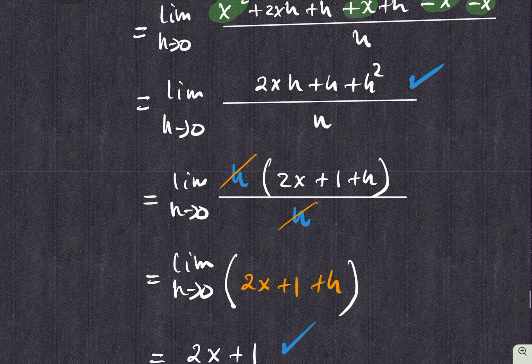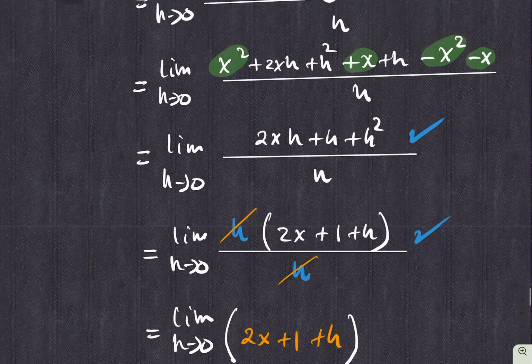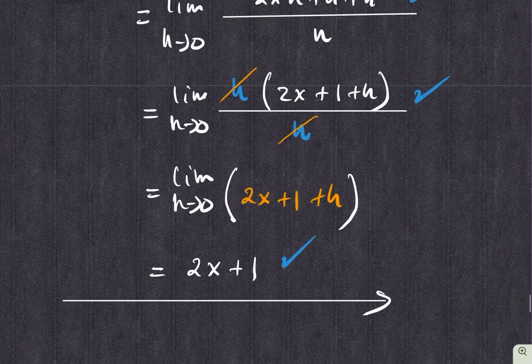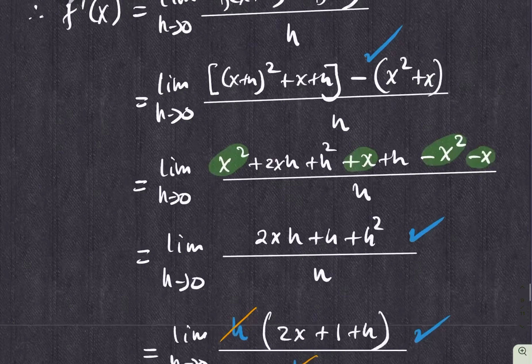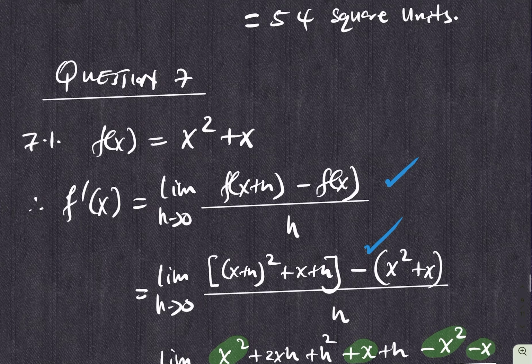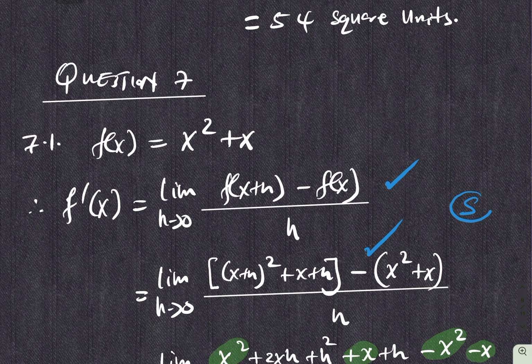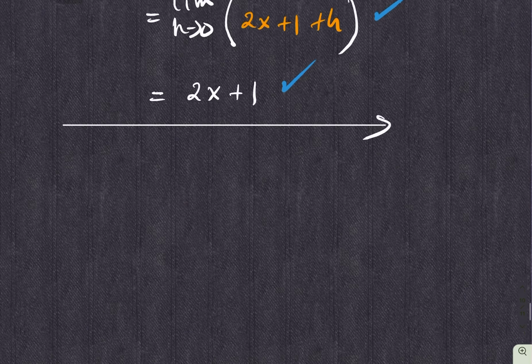Then you need to factor out your h, that is 4 marks, right? And to be able to get that step and your final answer, that should give you 5 marks, right? That's how I will work it out. Extremely easy.